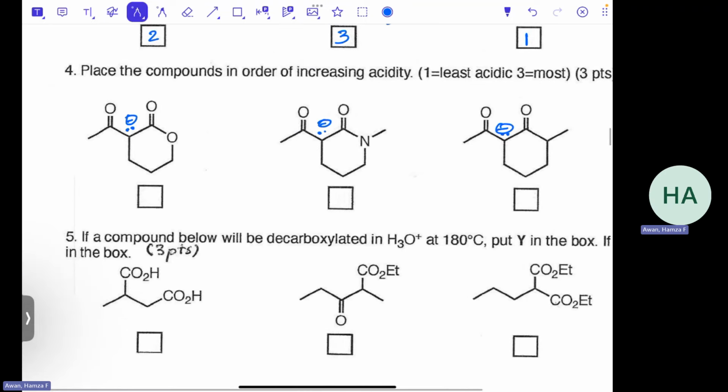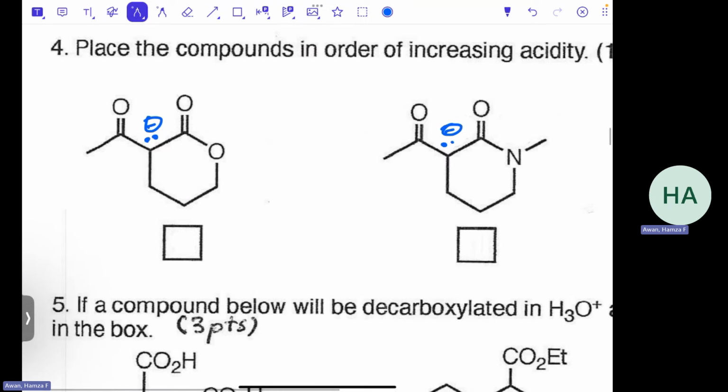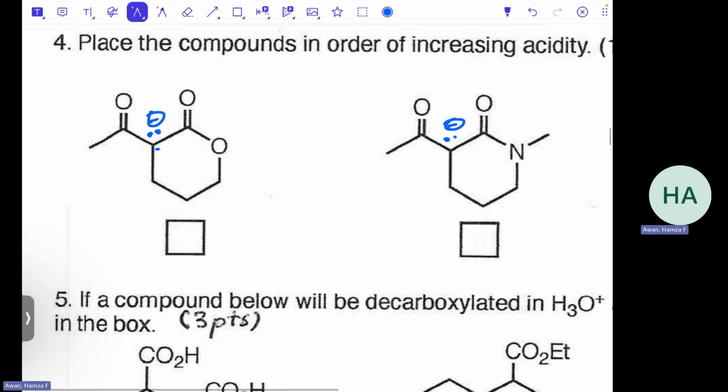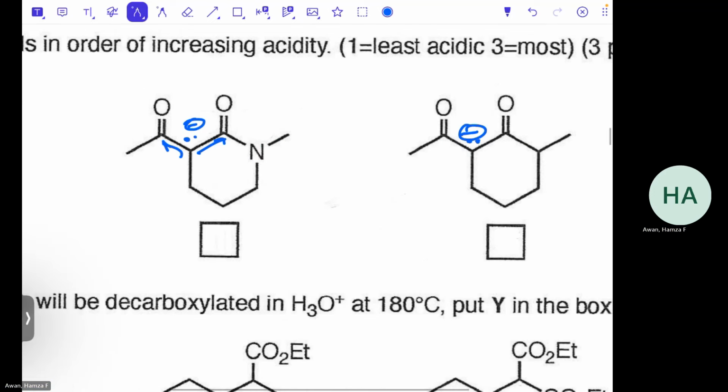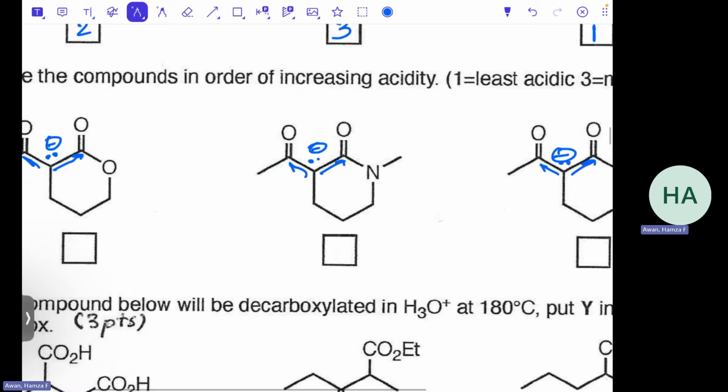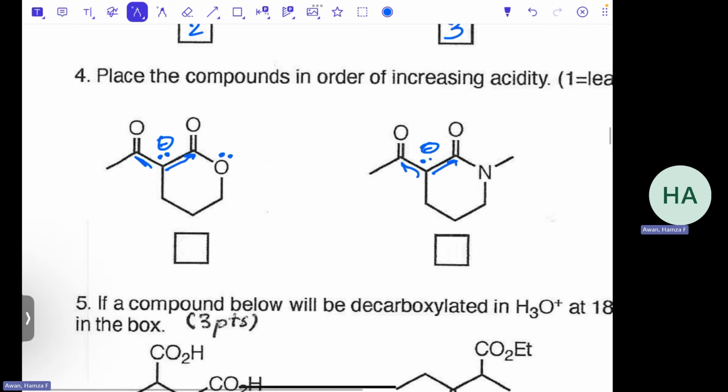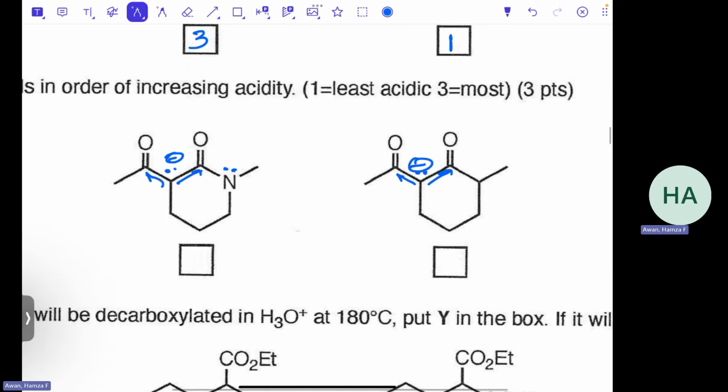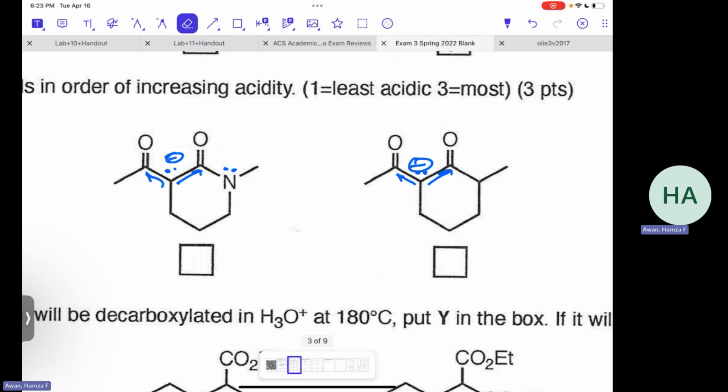So for the first one, this minus charge is going to be pulled both ways, right? So all of these are pulling the negative charge towards the oxygens. It's just that for this one, we have 2 electron donating groups that are going to prevent some of that from going, and this side has no electron donating groups, which would cause the charge to be not pulled as much.